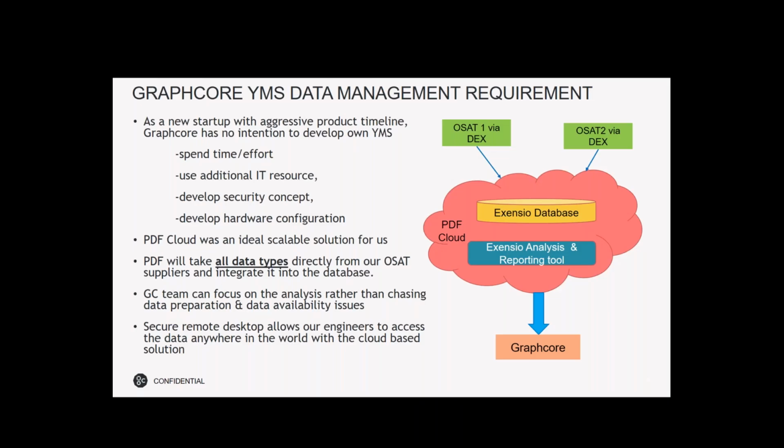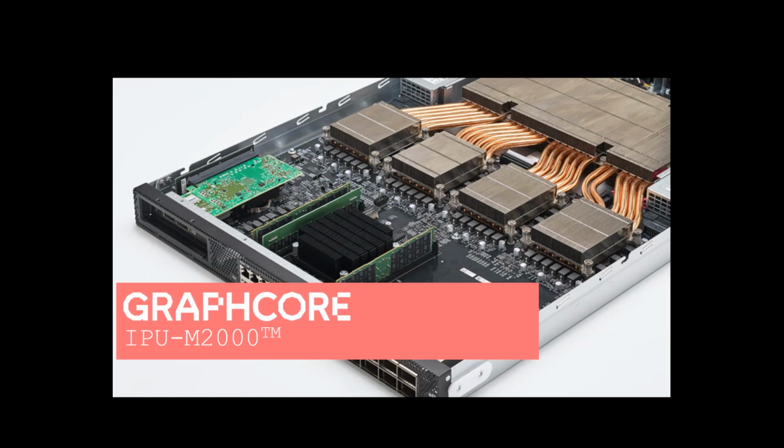And one of the things that Matthew will show you in a minute is how we're exercising the data that we get from the various parts of our manufacturing. So you have to think about the scales that we're talking about. Okay, 7 nanometer technology, very good. 59 billion transistors.